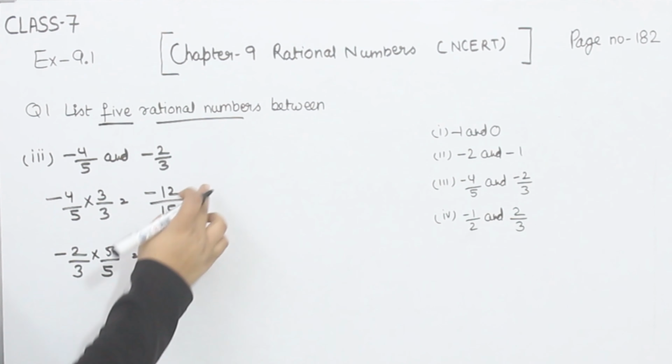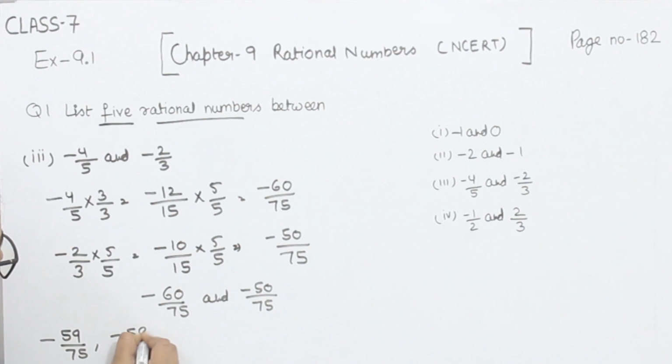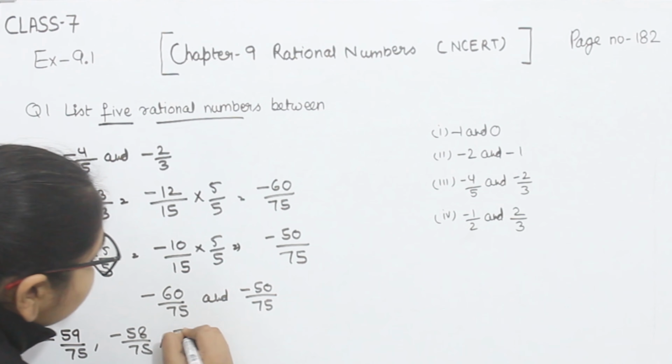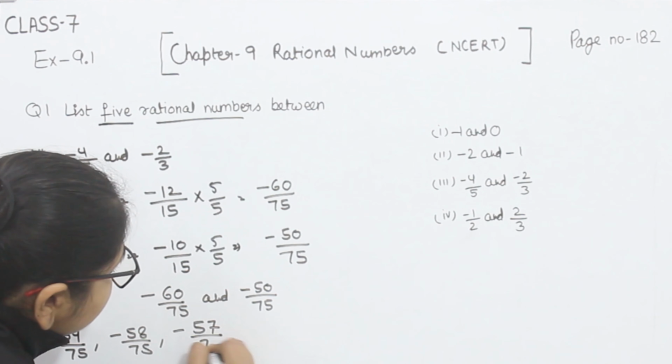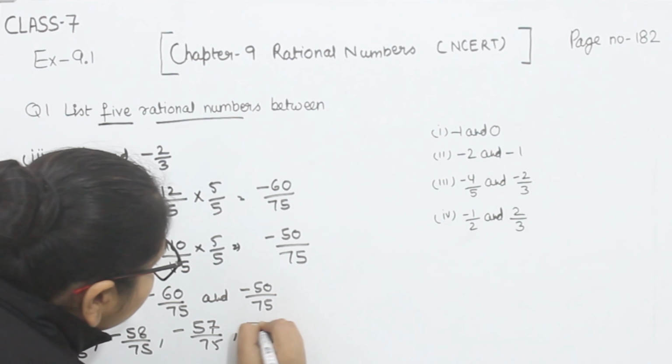Now we have to write the 5 rational numbers: -59 by 75, -58 by 75, -57 by 75, -56 by 75, and -55 by 75. 1, 2, 3, 4 and 5. So this is part 3.